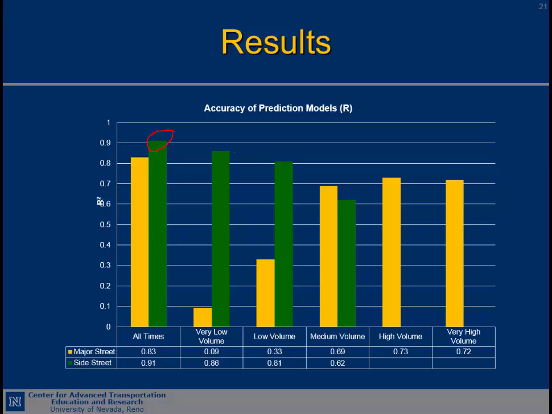This is because the side street gaps out when there is no volume, so you can always predict how many vehicles have passed in that cycle. But when volume is very low, the major street signal keeps green, so you cannot say exactly how many vehicles are passing in this cycle.